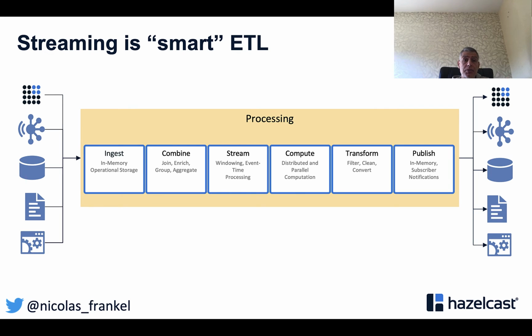And so basically streaming is smart extract, transform, load, because you will be reading from a couple of data stores, and not only data stores, you might also have events or IoT devices, and then you will be producing the same. Meanwhile, you have this whole processing pipeline. The good thing is you can combine them together and get more data to enrich them.